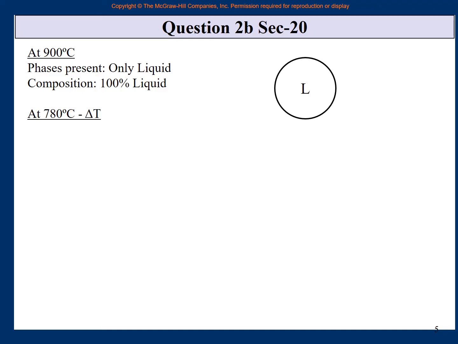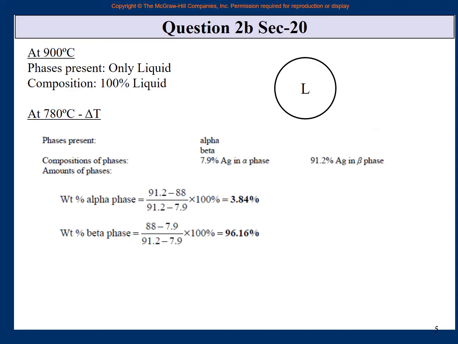The next one, 780 minus delta T, just below 780. So I have told you, right, the phases present are alpha and beta, just below. Composition of phases 7.9% alpha, 91.2% beta. So if you draw a horizontal line, then 7.9%, 80%, 91.2%. Then it is a very simple calculation.